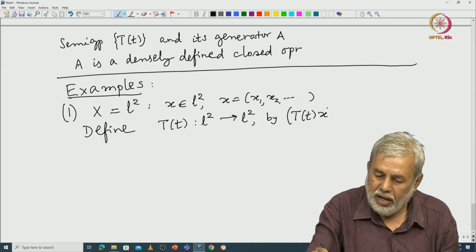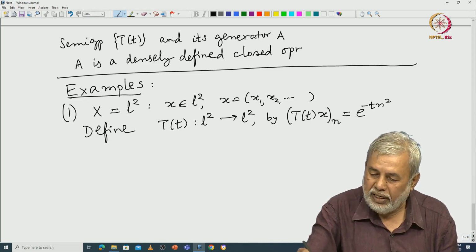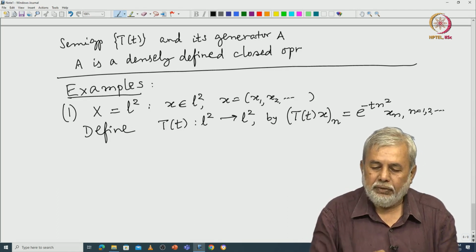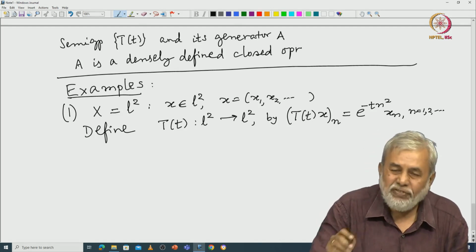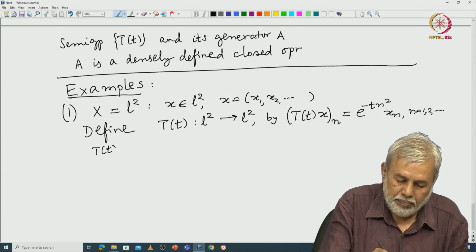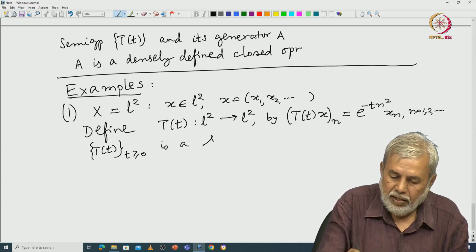So, I have to tell what is its nth coordinate. So, this is by definition t n square e to the minus t n square x n, for n equal to 1, 2, etc. Okay. So, verify that T t is indeed a semi group and find its generator.